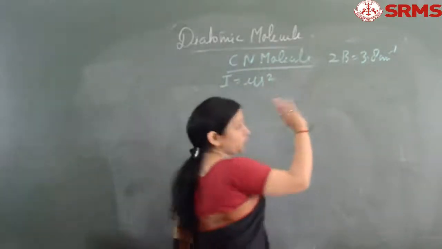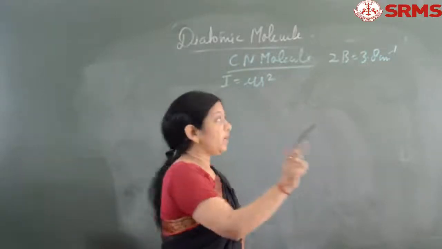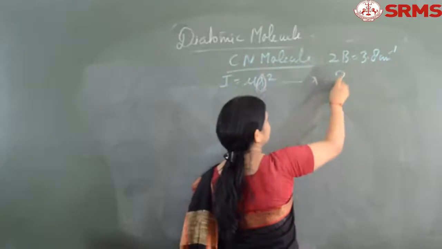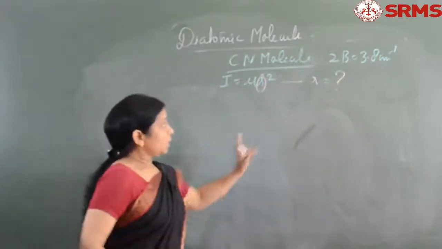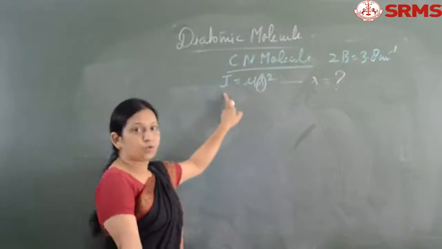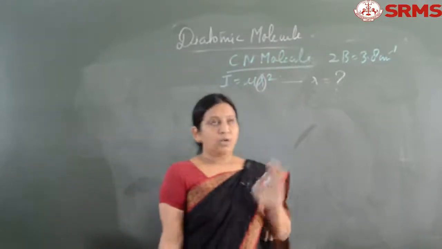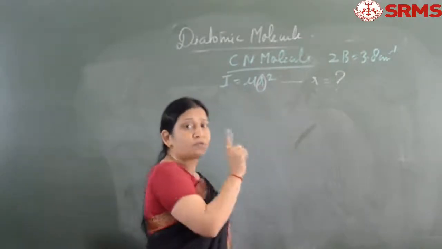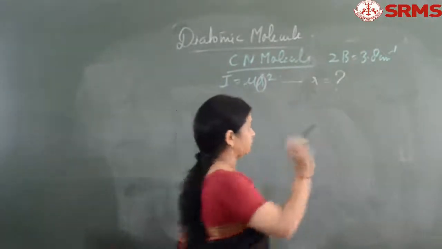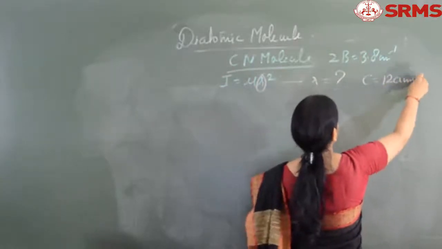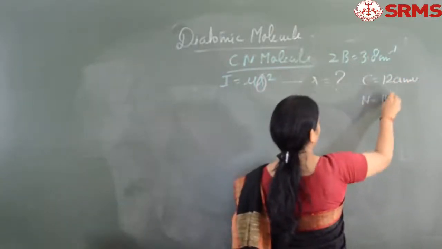What we have to calculate is this value of r, which is the internuclear distance. To calculate it, I have to calculate mu and I. Because the molecule is CN, the masses are also given: carbon is 12 AMU and nitrogen is 14 AMU.